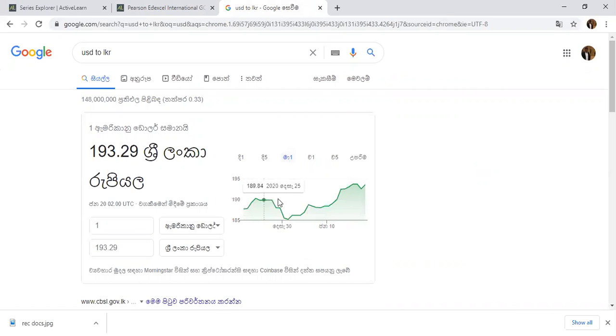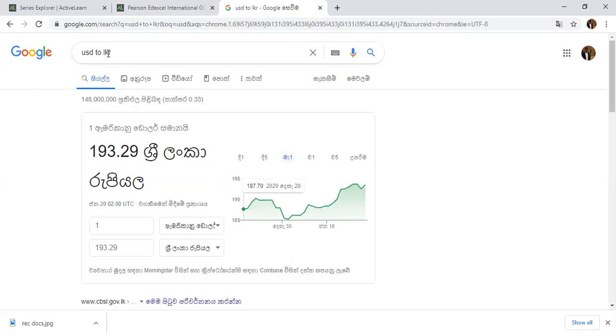What kind of situation can you see? Did the rupee value appreciate or depreciate? Someone commented that the value depreciated. Yes, you are correct, very good. Because when the rupee value goes down, to buy $1 you have to pay more rupees. That means our currency becomes so weak.